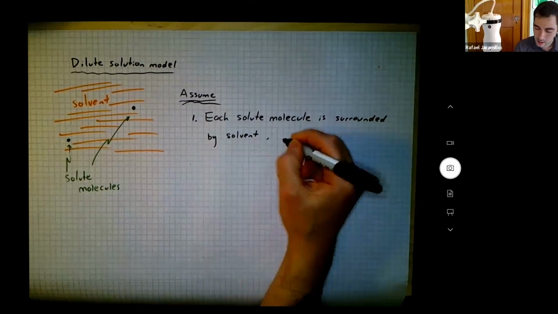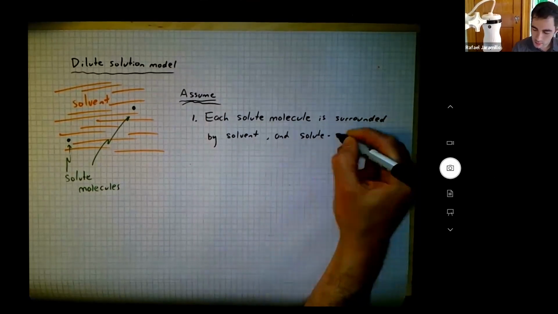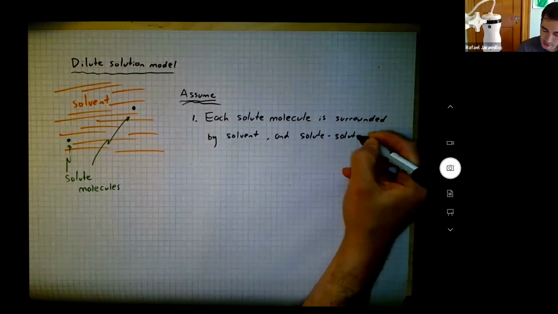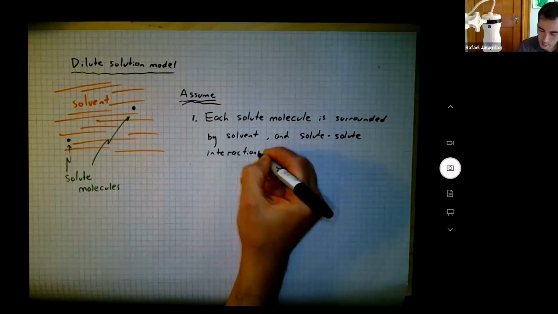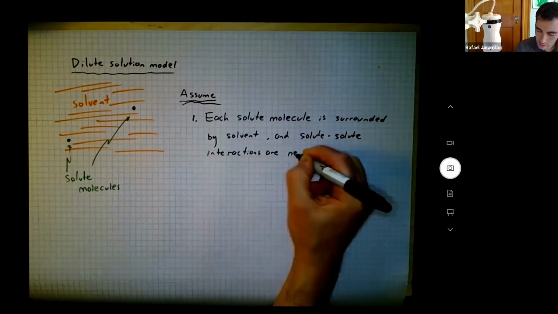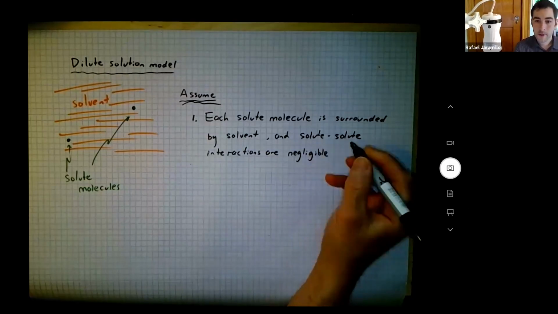And solute interactions are negligible. So this has physical implications.